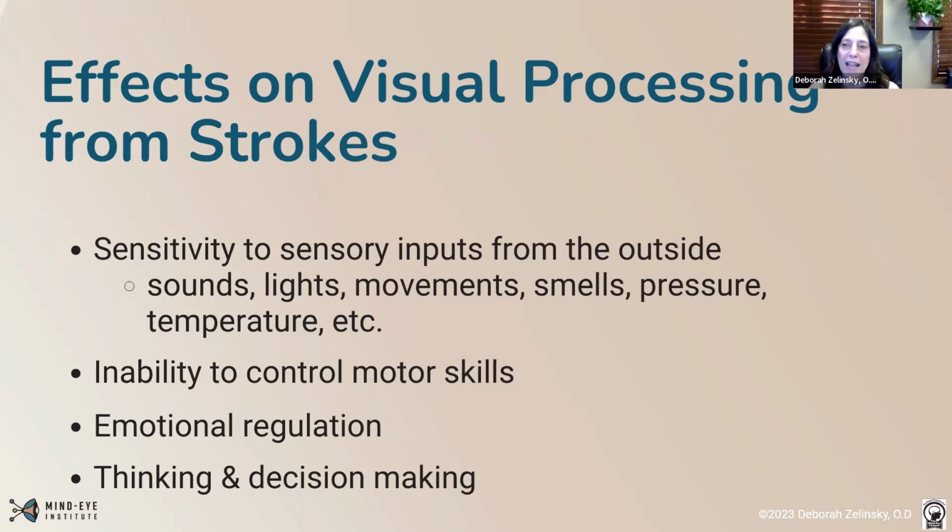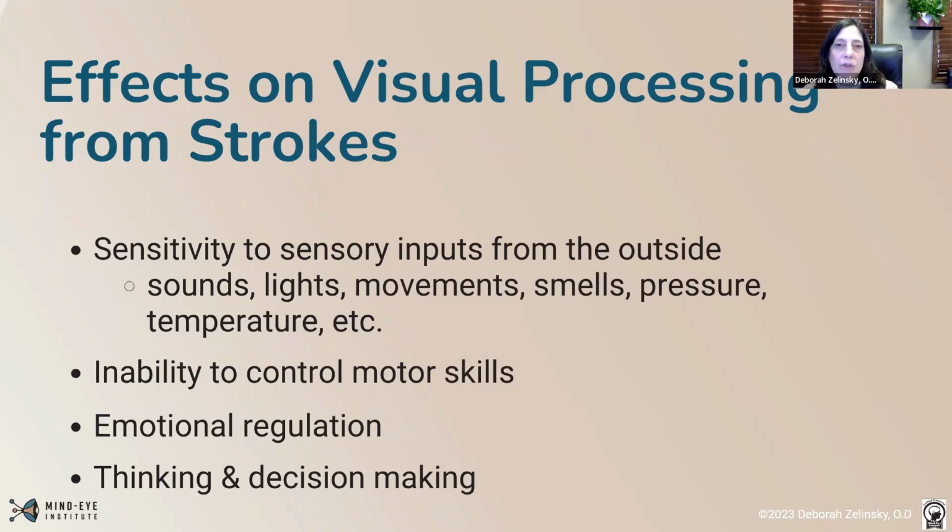I had a patient today where she saw something moving horizontally like this, she got very nauseous because her eye couldn't handle it. Smells, some patients can't tolerate certain smells, temperature, pressure. There's a lot of sensory inputs, and people can develop sensitivities to them.